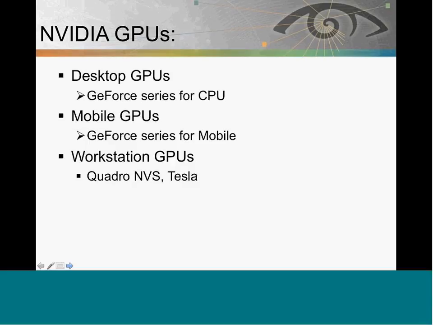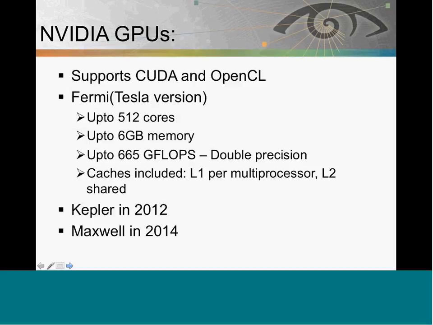Now they have the K series and Titan series for workstation as well. NVIDIA GPUs support both the CUDA language as well as the OpenCL library. As I mentioned, they came up with Kepler in 2012, and they are coming with Maxwell in 2014.